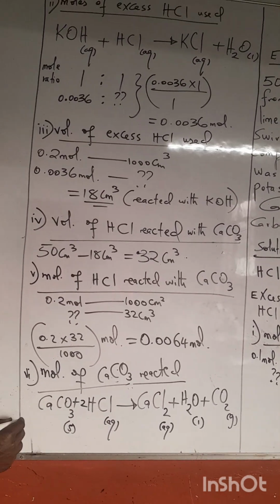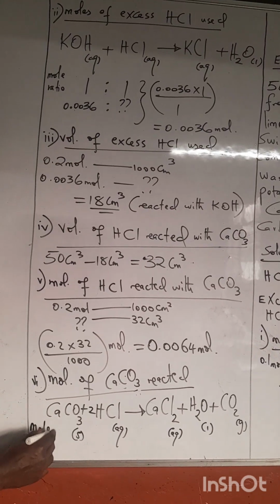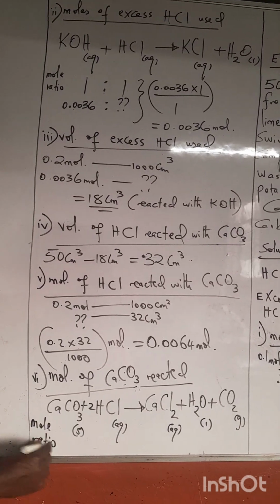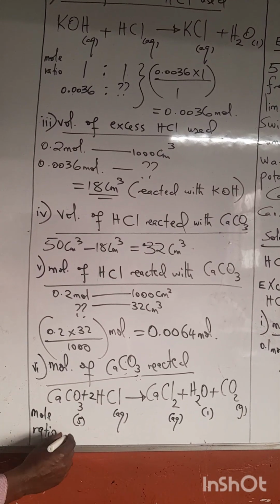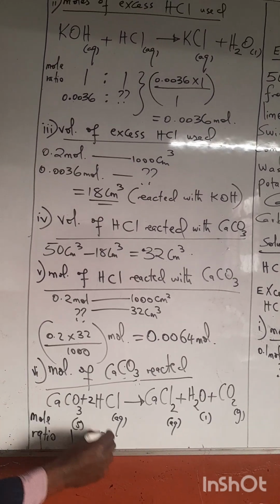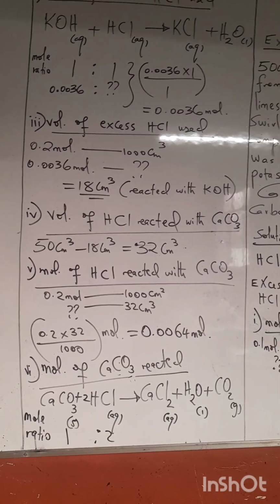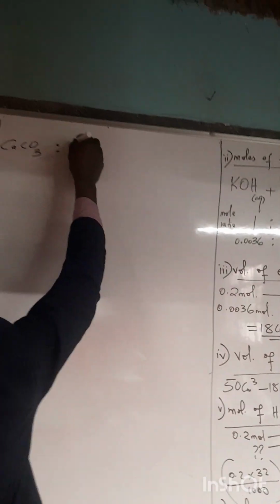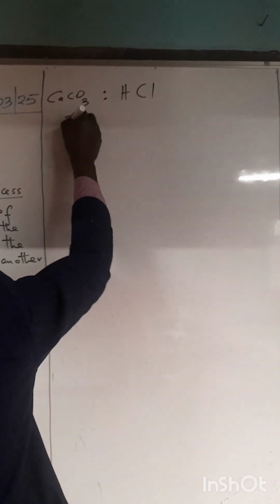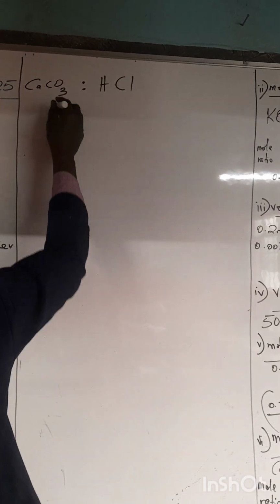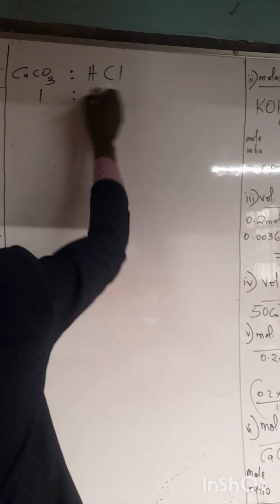So from here we write mole ratio. Behind here we have 1 mole, and here we have 2 moles. So this is what I'm talking about. Calcium carbonate ratio HCl. We have 1 to 2, isn't it?